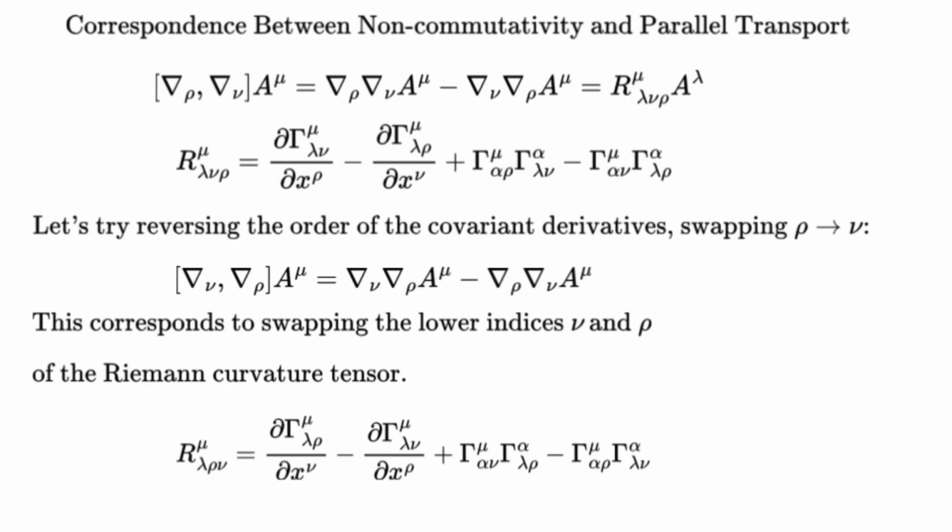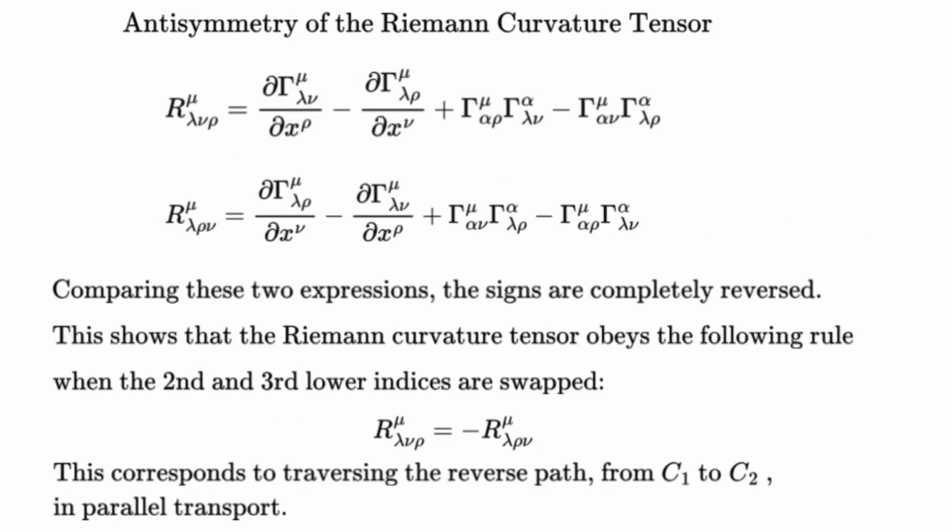Correspondence between noncommutativity and parallel transport. Let's try reversing the order of the covariant derivatives, swapping ρ to ν. This corresponds to swapping the lower indices ν and ρ of the Riemann curvature tensor. Antisymmetry of the Riemann curvature tensor.